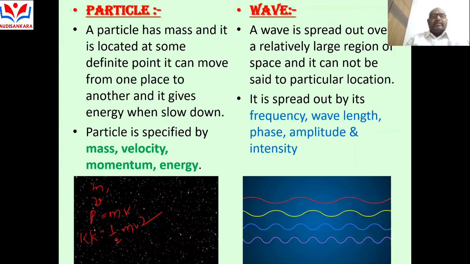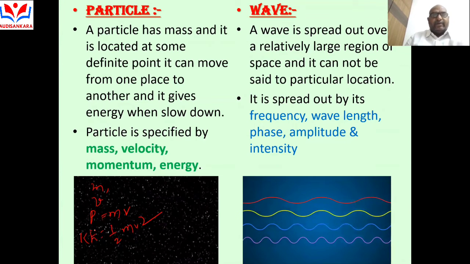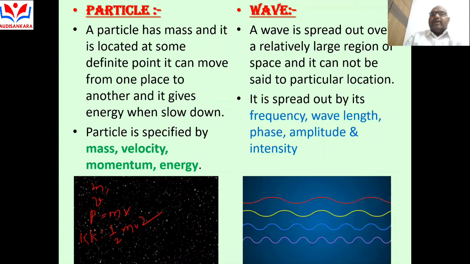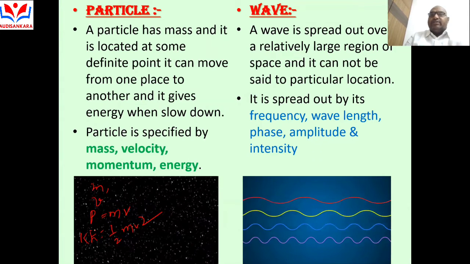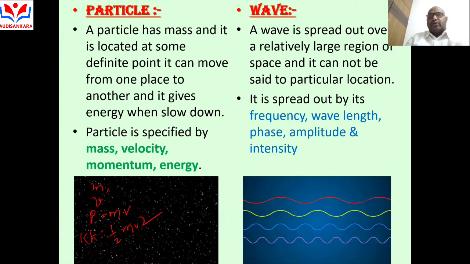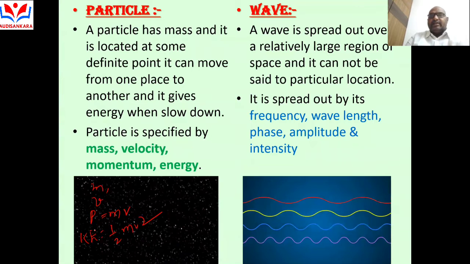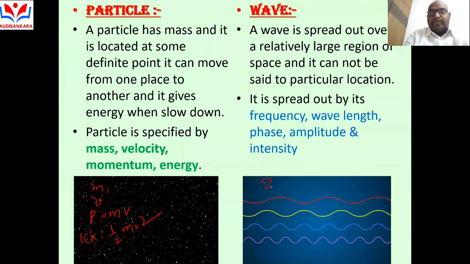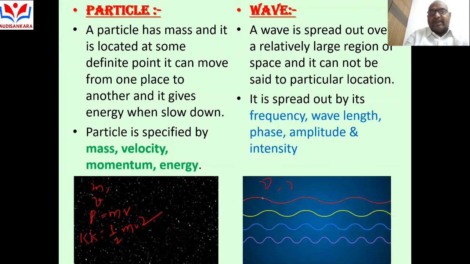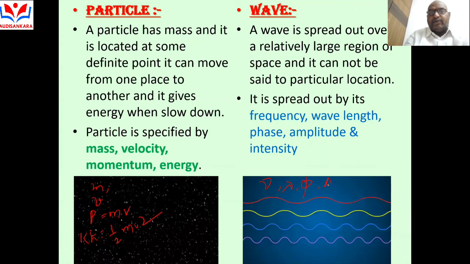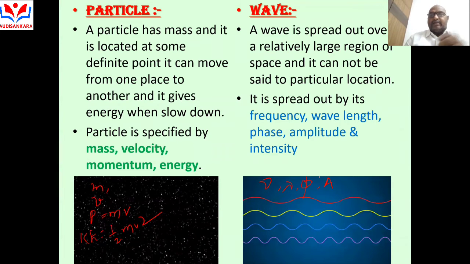These are the characteristics of a particle. And the wave is spread out over a relatively large region of space, and it cannot be assigned to a particular location. It is described by its frequency nu, wavelength lambda, phase phi, amplitude a, and intensity.